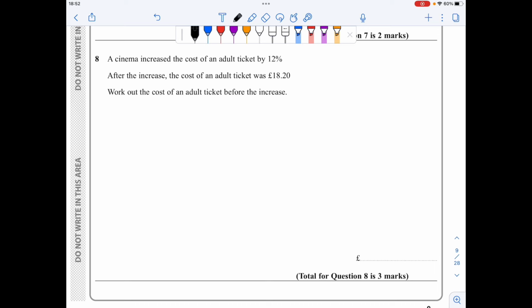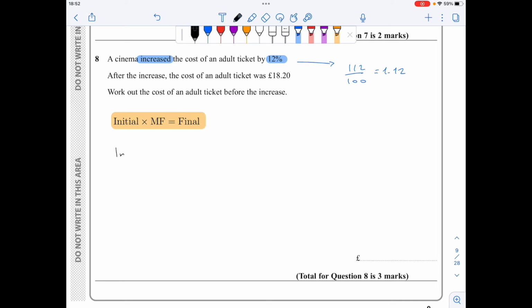For question 8, I'll use the following formula. Initial value times the multiplying factor gives me the final value. Now for the multiplying factor, since I have an increase of 12%, the multiplying factor will be 112 over 100, and that's a decimal, that's 1.12.